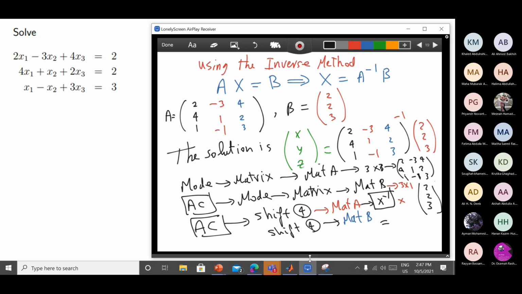What do you have? You should have a 3 by 1 matrix, right?